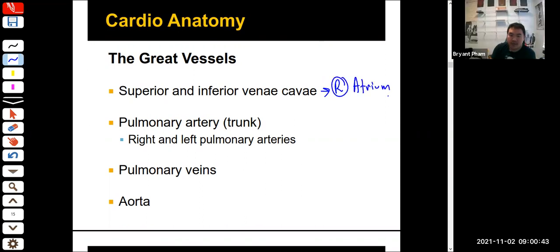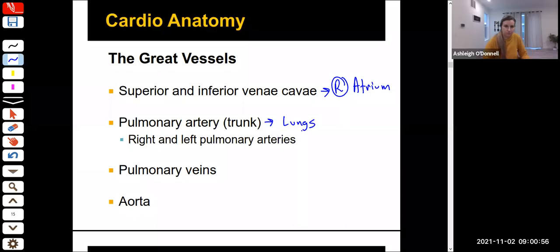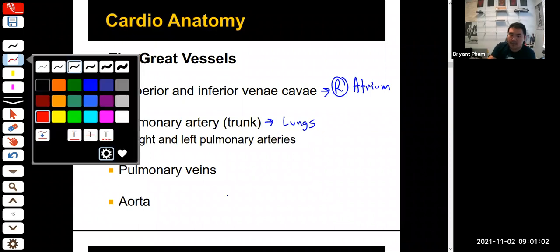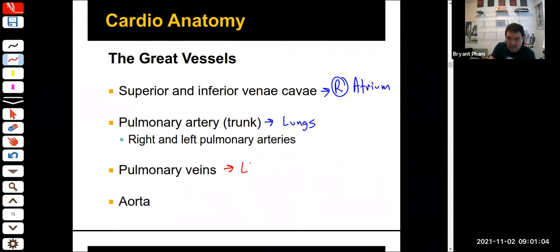Your pulmonary artery, that's going to be connected to your lungs. Okay. Pulmonary veins bringing blood back, that's going to be left atrium. Aorta goes to your body.